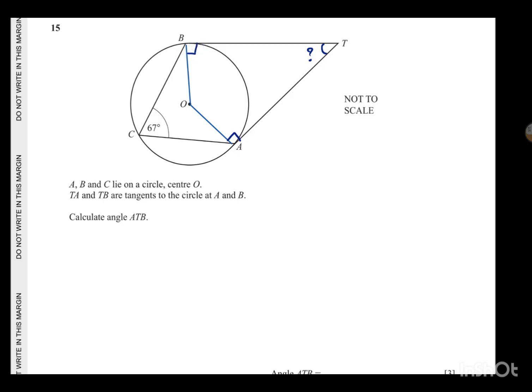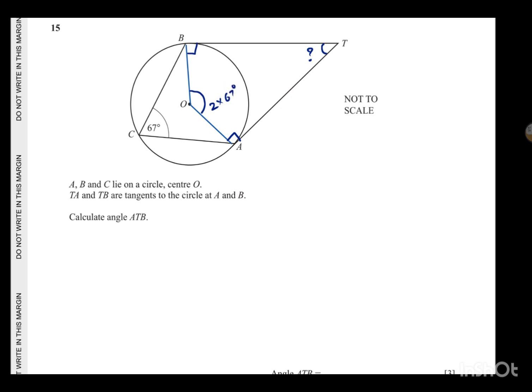This is 90 degrees, and this angle at the center BOA will be double the angle on the circle. That is, the angle BCA is given, so BOA will be double angle BCA.